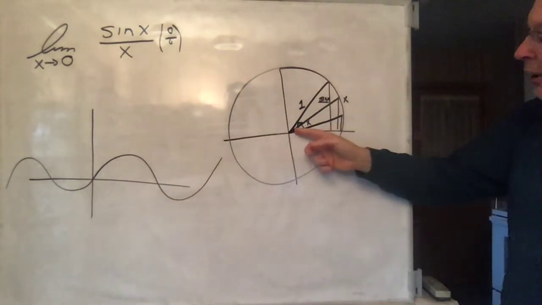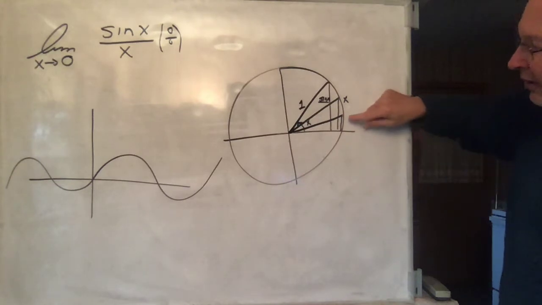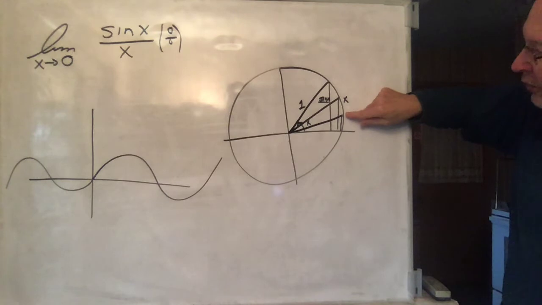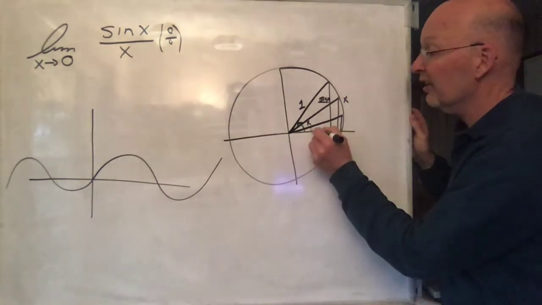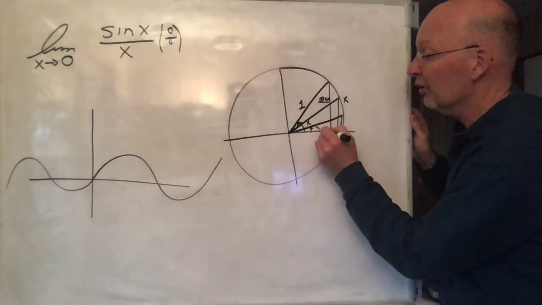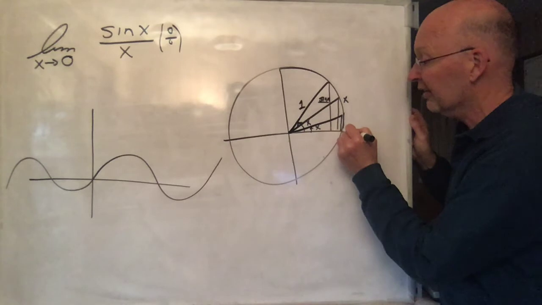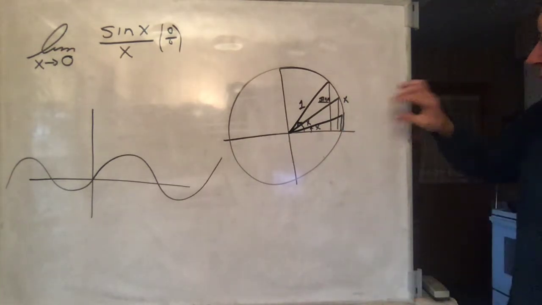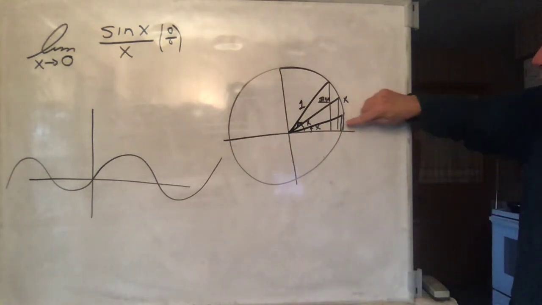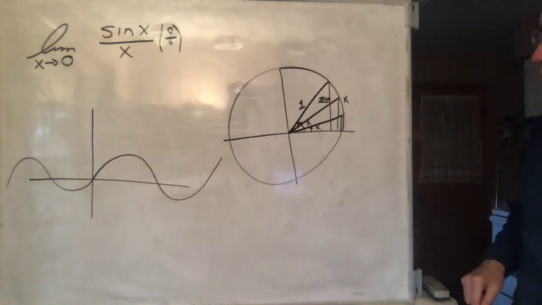And I can't go down much less than that, I guess, without the marker becoming too broad. But here is what I want you to notice, that as this x becomes close to 0, this length and this length really become closer and closer to the same, or even the ratio gets closer and closer to 1.